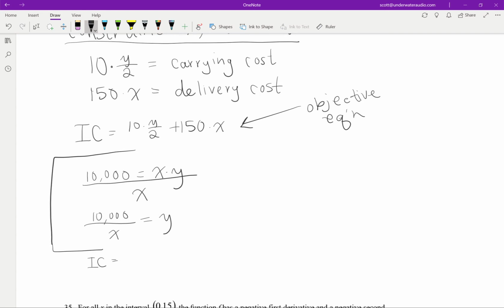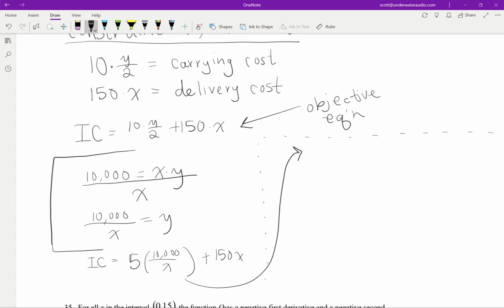So let's see, 10 times y/2 is just 5y, so 5 times 10,000 over x plus 150x. Okay, so this is the thing I need to minimize, and I'm going to give myself this space here to work. So I need to minimize that.